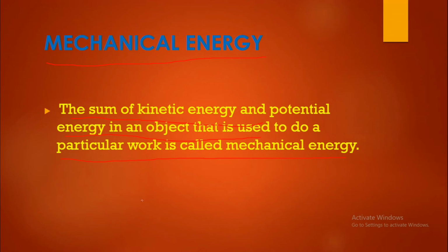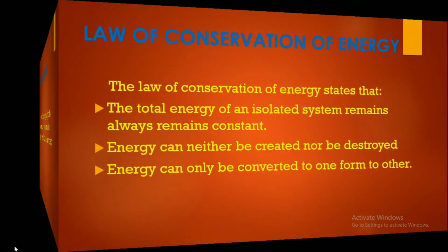Means sum of potential energy and kinetic energy, means PE plus KE. So this is the formula of mechanical energy. We can see mechanical energy like this, but in higher classes we will get other formulae of potential energy or mechanical energy. So let's move ahead.